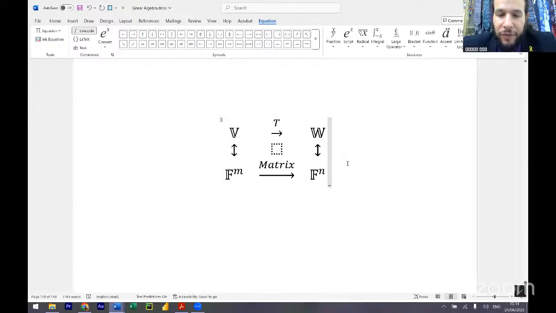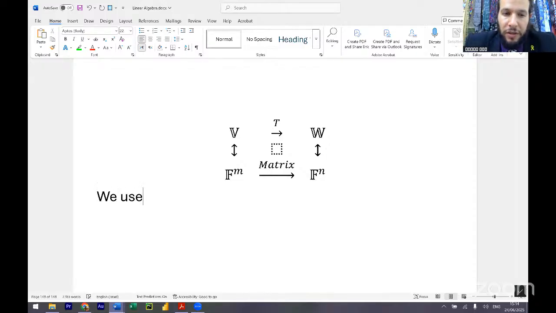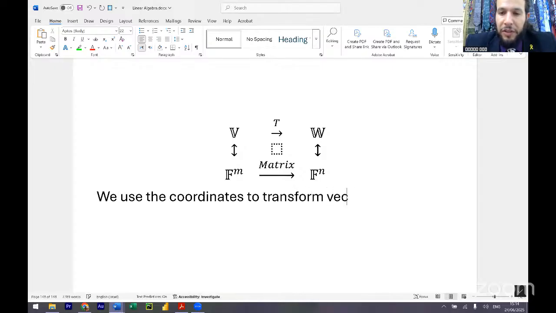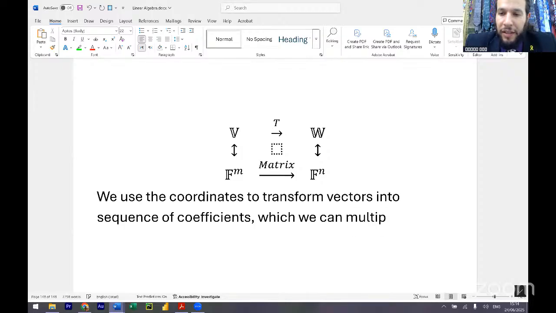That's the coordinates, okay? We use the coordinates to transform vectors into a sequence of coefficients, which we can multiply by a matrix instead of applying the function.